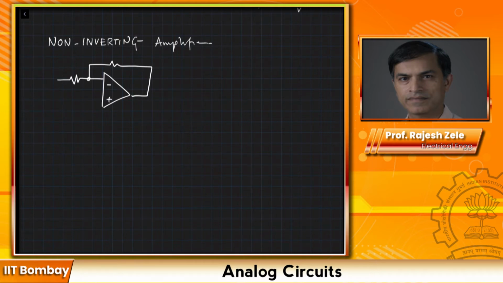So there is a negative feedback here, R2, R1, except that the input is applied in a different location. In the earlier case, we connected to analog ground and applied voltage at this point. Now this is my Vin to the positive input, and this is our ground, and here is what we are measuring, our Vout.